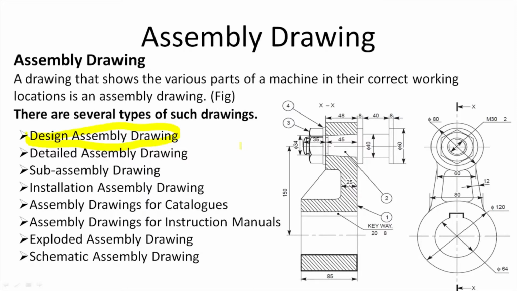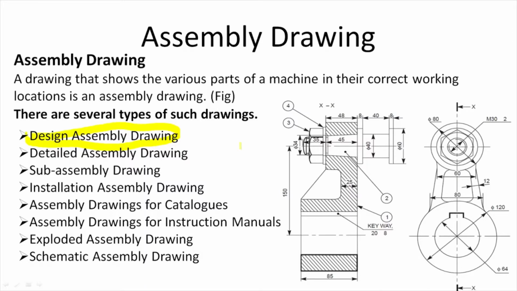For example, if you consider an IC engine, the IC engine itself consists of n number of parts: the crankshaft, connecting rod, piston ring, cylinder head, and exhaust valve.